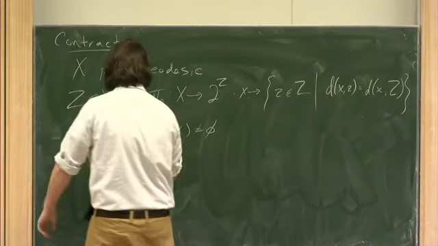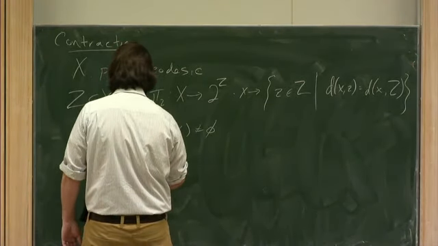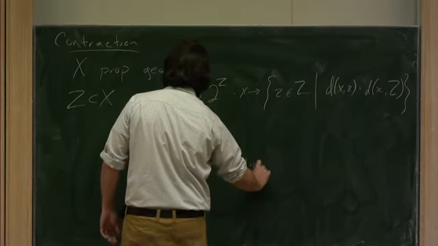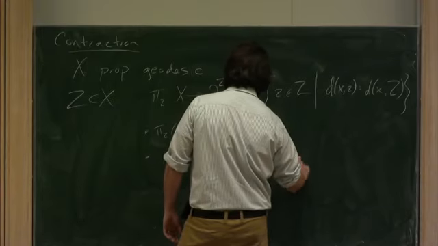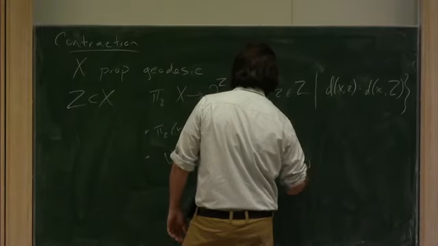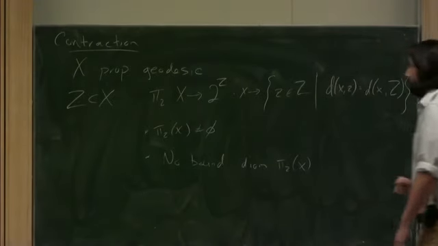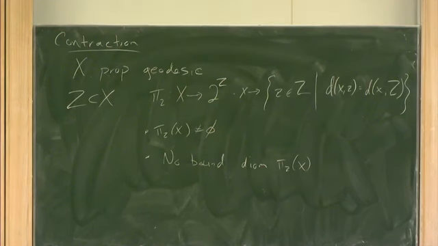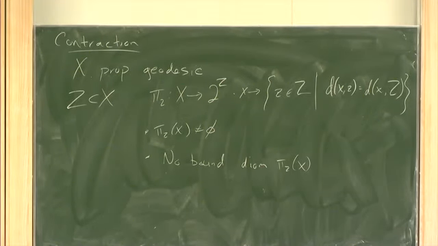But also notice, as David said, we don't bound a priori the diameter of a projection. As the point x that we're trying to project down to Z gets farther and farther away, the diameter of this projection might be growing linearly even.